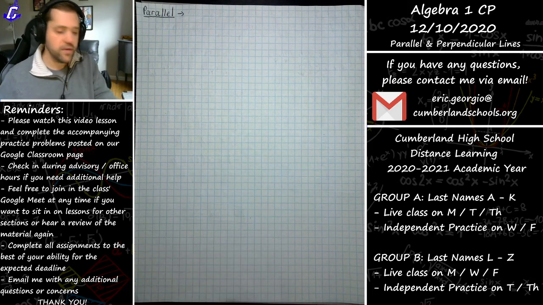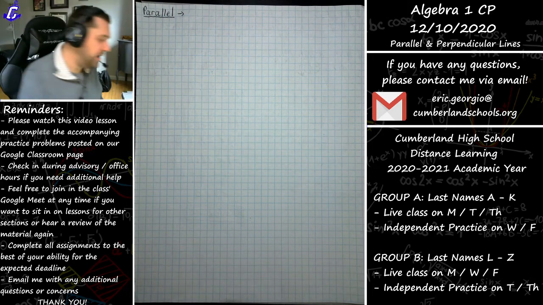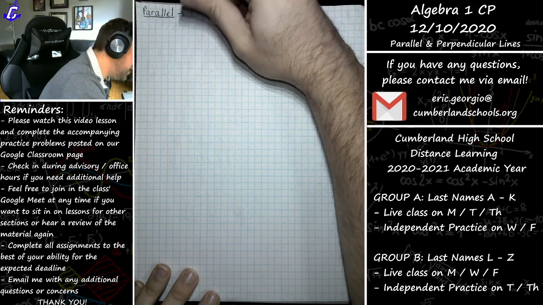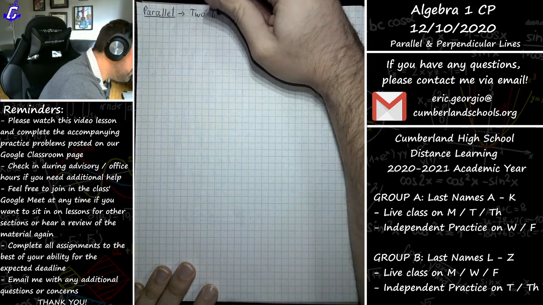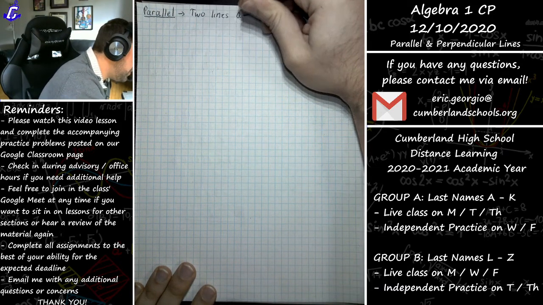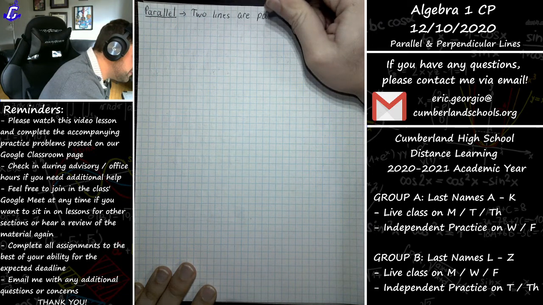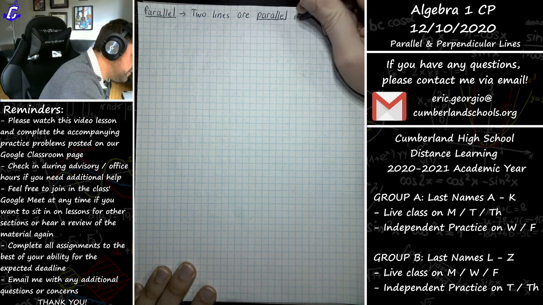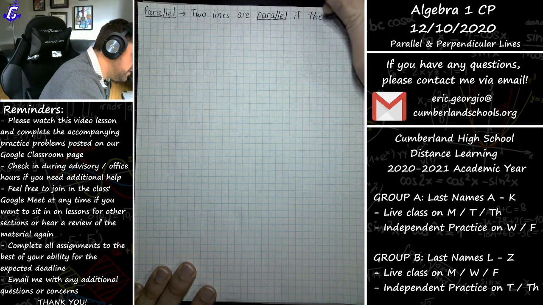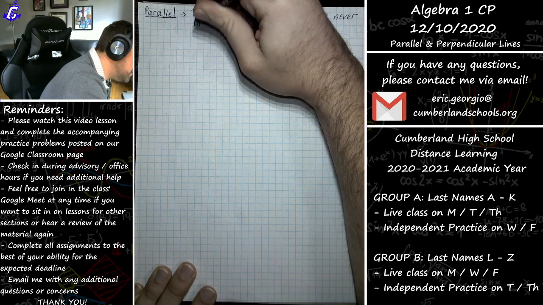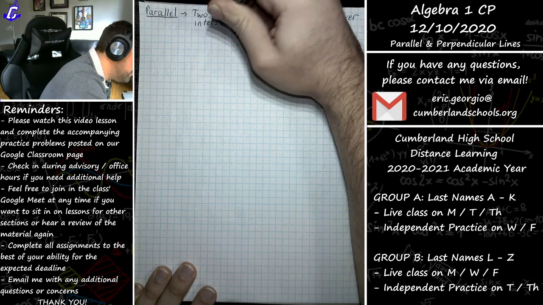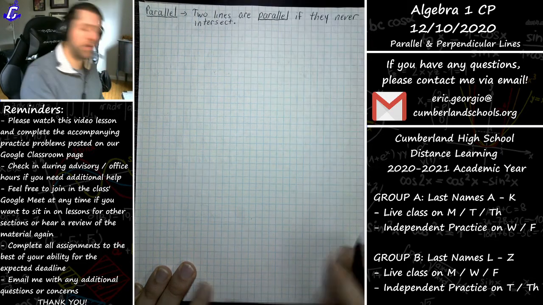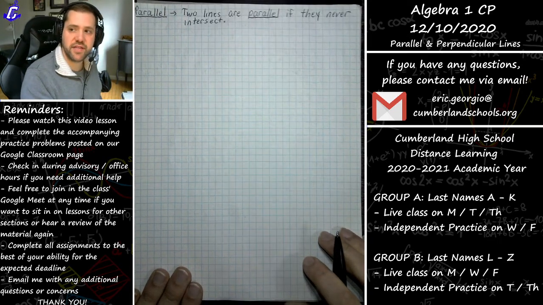All right. So to write down all of that, I will say that two lines are parallel if they never intersect. Okay? Two lines are parallel if they never intersect.